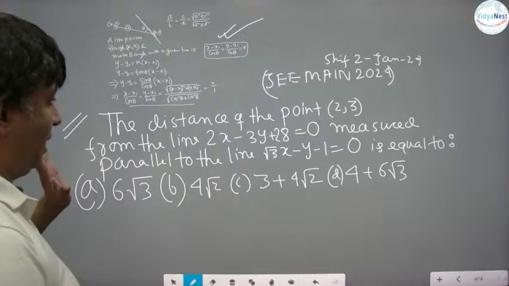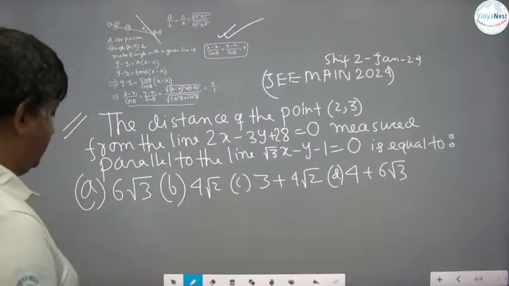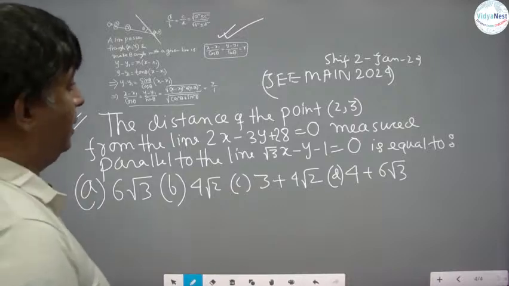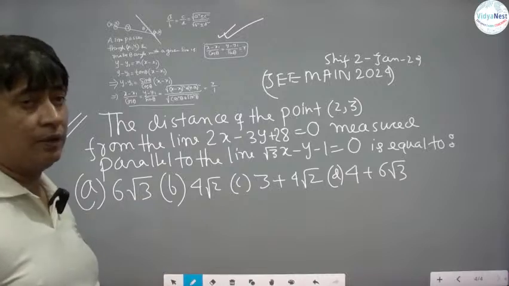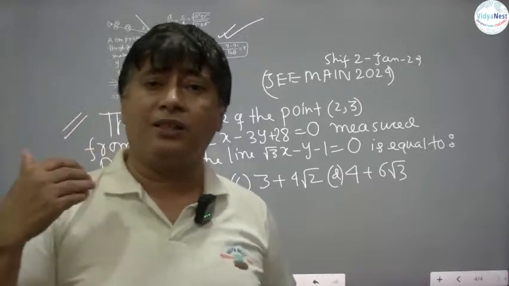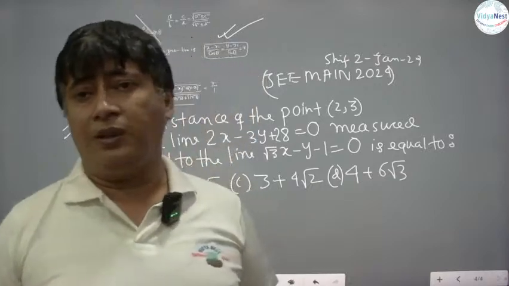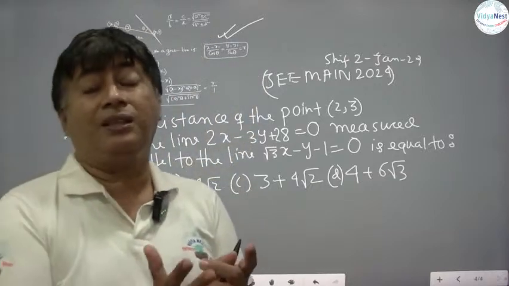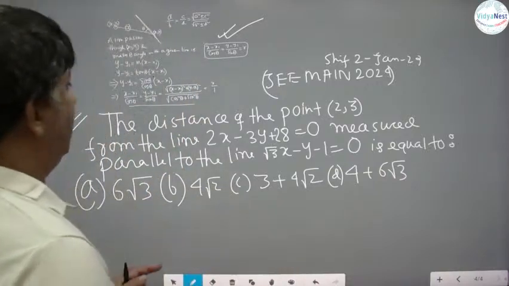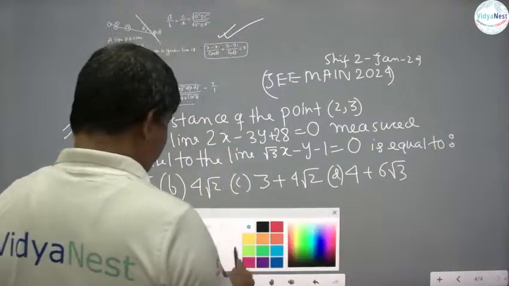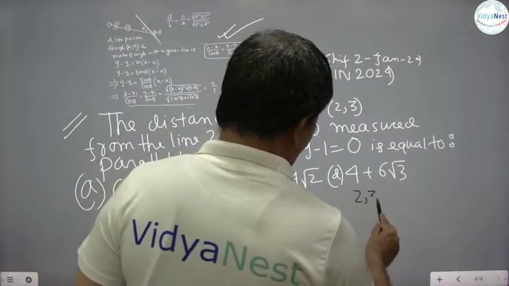Now, using that theoretical part, how will you proceed? How will you solve the sum? You just imagine the figure. This figure is very much known to you because we are quite accustomed to that geometrical figure in our daily life. Suppose there is a point (2, 3).